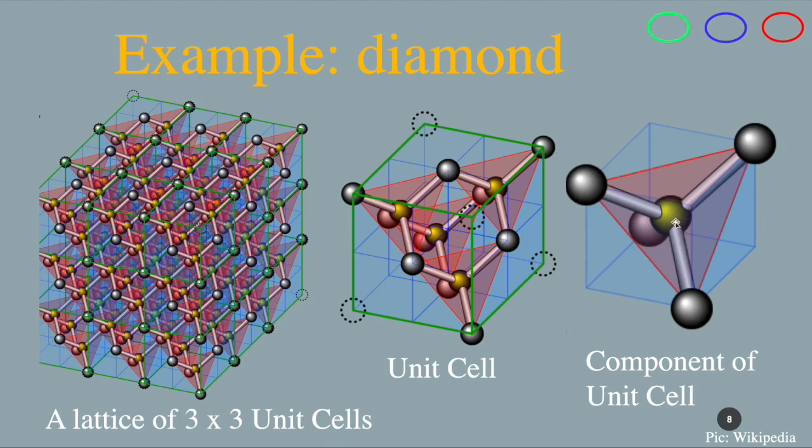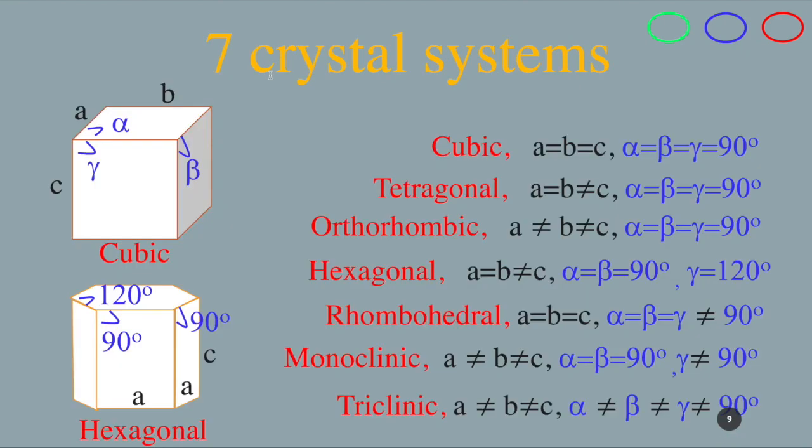Whereas if you consider this one as the unit cell, you cannot perform this kind of translational motion and obtain the indistinguishable block in the adjacent blocks. So this is the unit cell, and we can call this a component of the unit cell but not the unit cell, and this is the crystal lattice. Based on this definition, one is the translationally repeating unit, the other one is the parallelepiped.